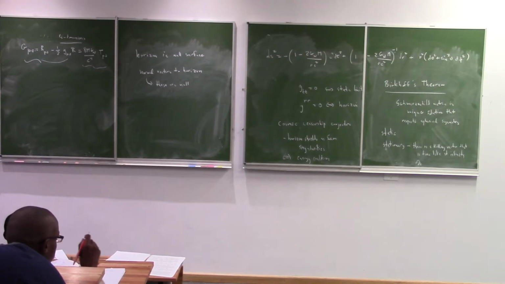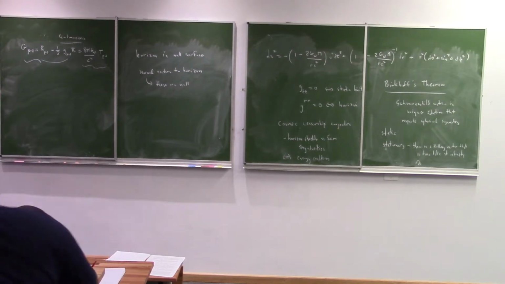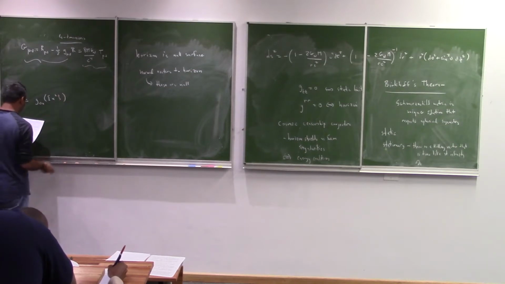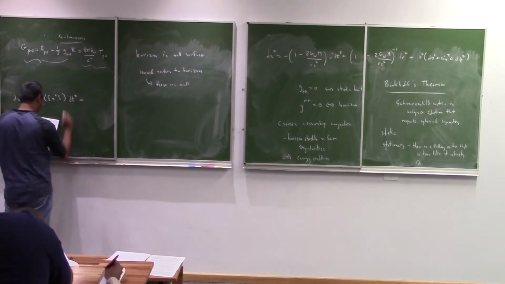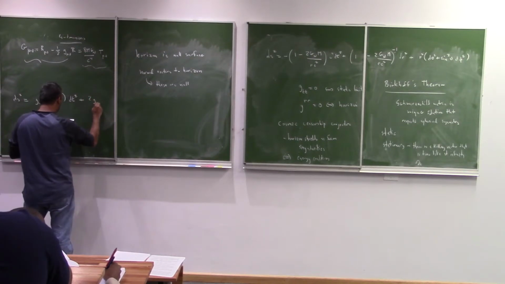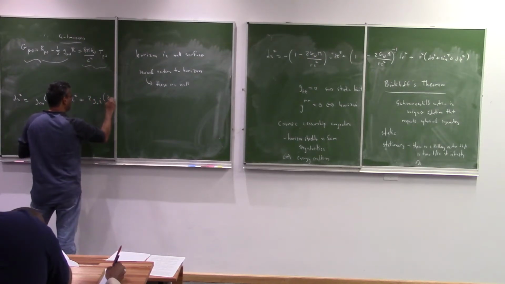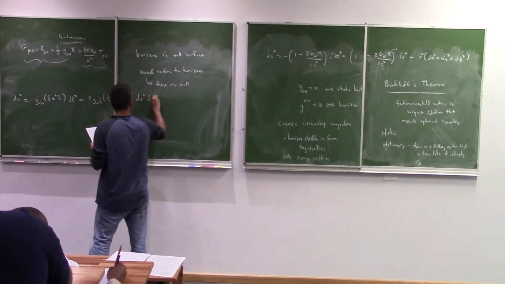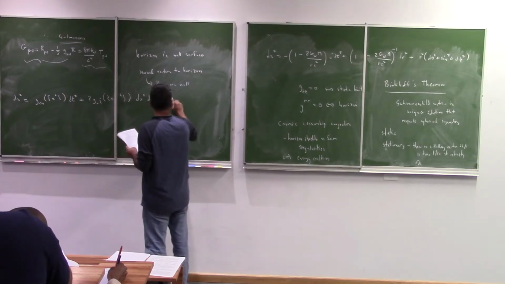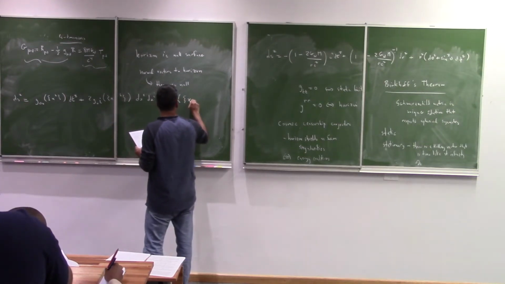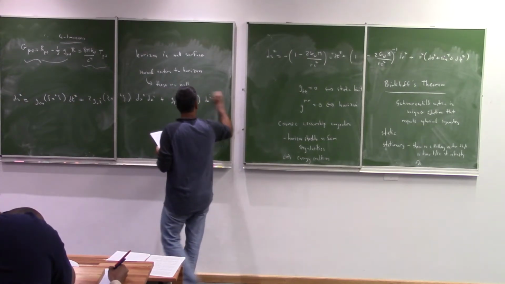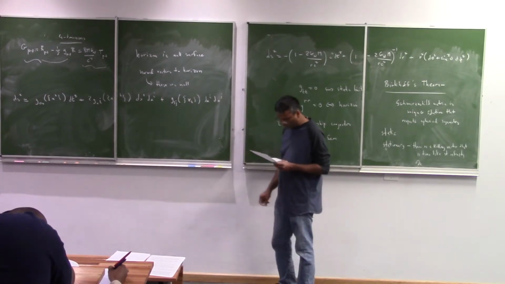And we can write the metric as ds squared is g00 of the space coordinates dt squared plus 2 g0i of the space coordinates dx0 dxi plus gij of the space coordinates dxi dxj.